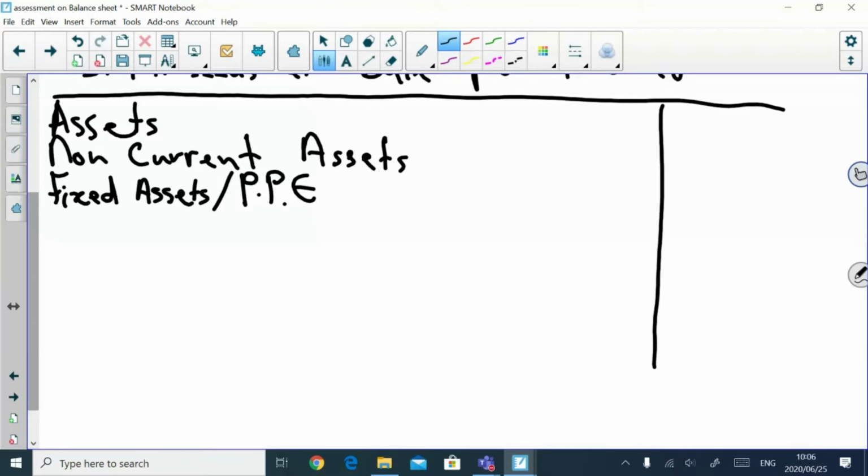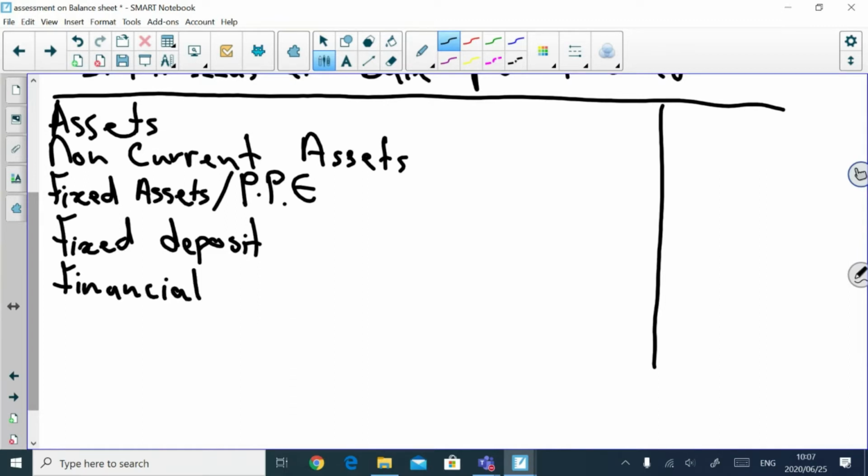That's where you find maybe your fixed deposit, and maybe your financial assets. On and on you could go.